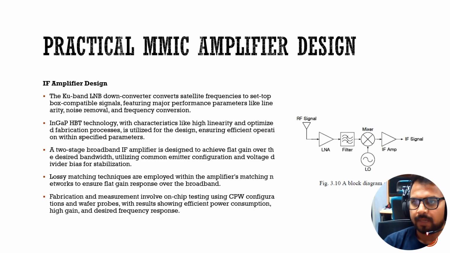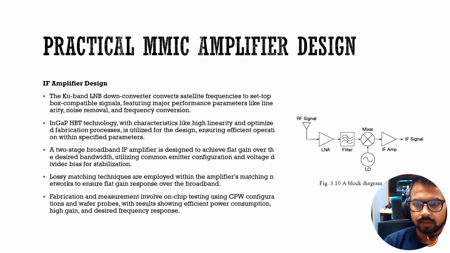Let's talk about some practical amplifier design. You can see a block diagram of an amplifier where there is the RF signal, LNA, filters, LO, mixer, and IF, and then the signal is given, which is represented on the right side of the slide. Let's talk about one specific amplifier design.